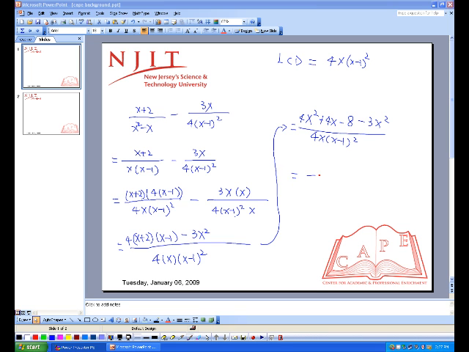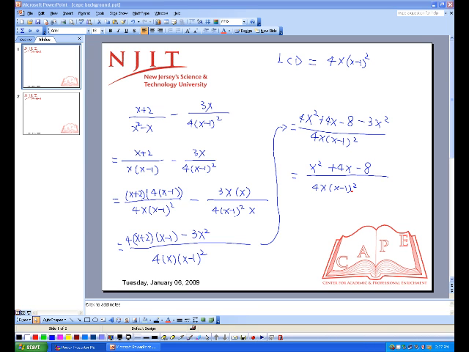So that's the numerator, and then we simplify the numerator. 4x squared minus 3x squared gives us x squared plus 4x minus 8, over 4x times x minus 1 squared, and both the numerator and the denominator are completely factored.